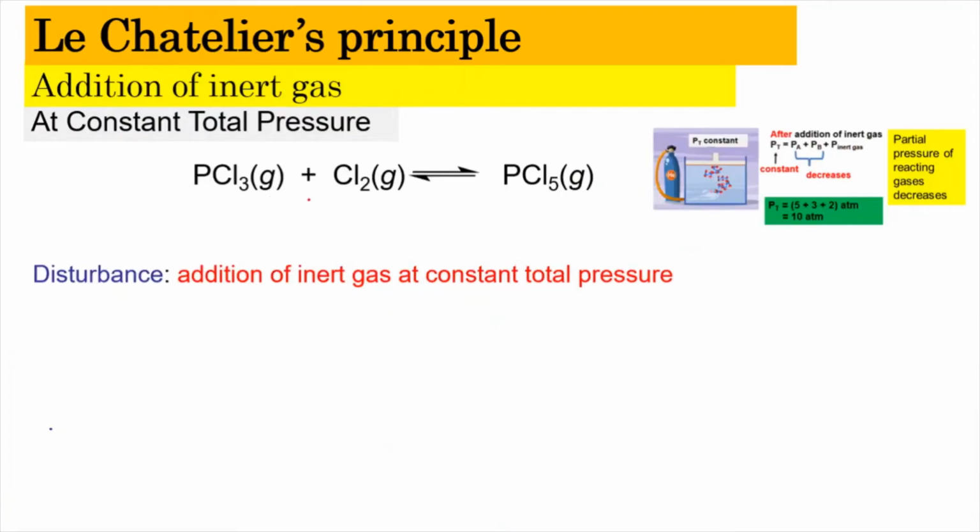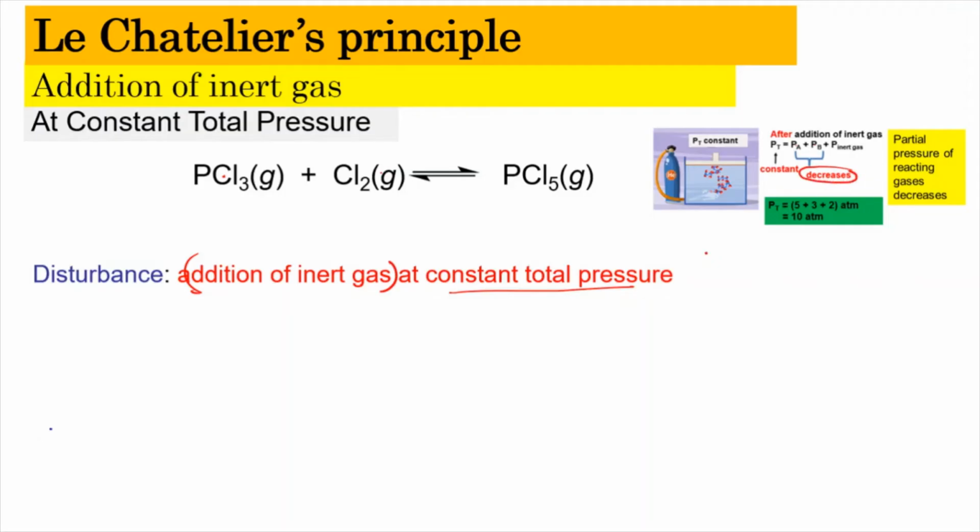Let's say you have PCl3 gas plus Cl2 gas in order to produce PCl5 gas. If you want to add inert gas at a constant total pressure, your reacting gases, PA and PB, will get reduced.